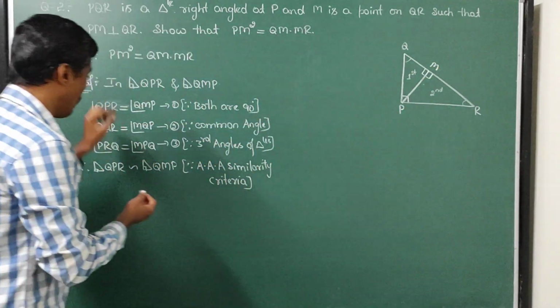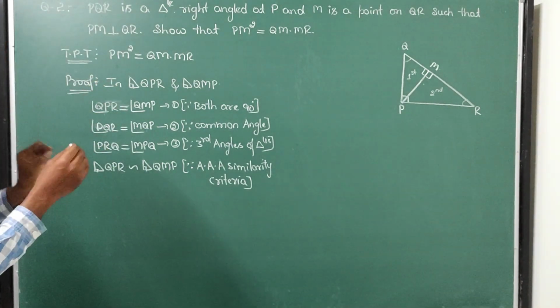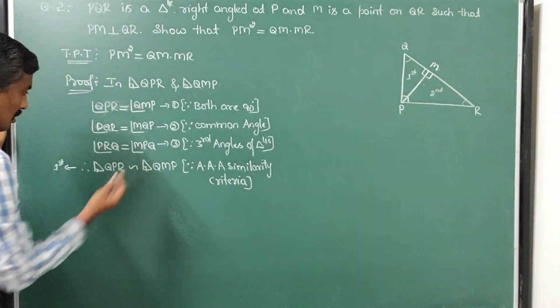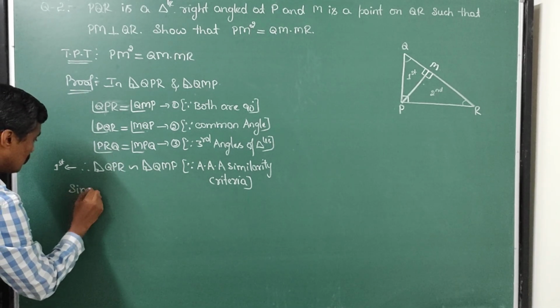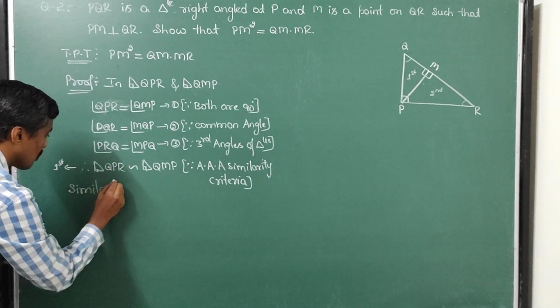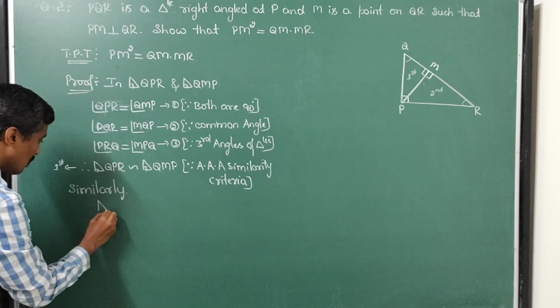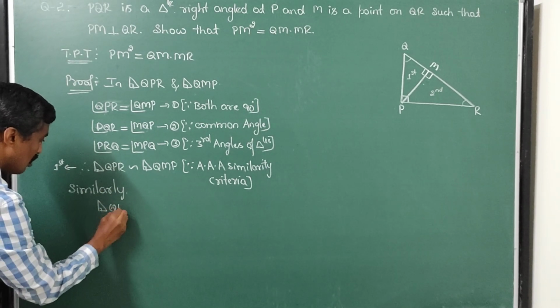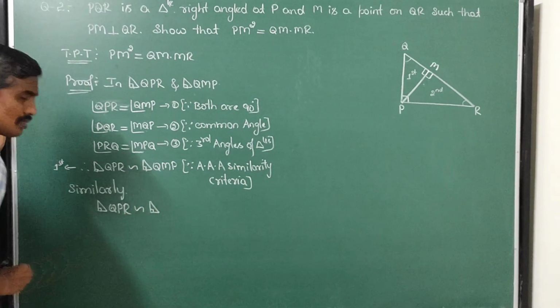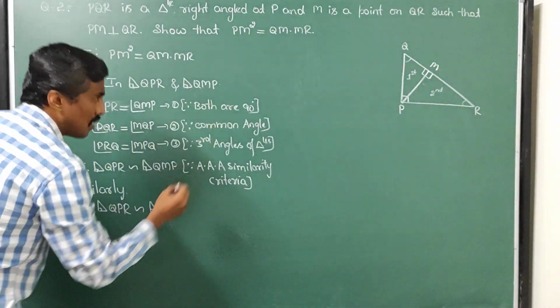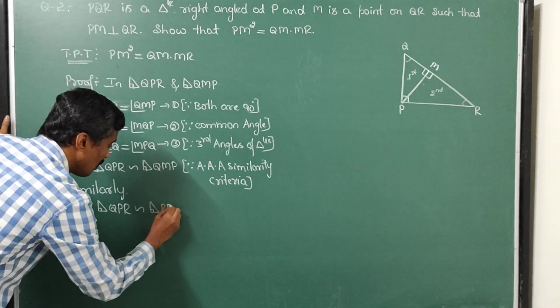Okay, so therefore after proving this, I am going to write, similarly, by applying the same criteria: original triangle QPR is similar to the second part, that is PMR.